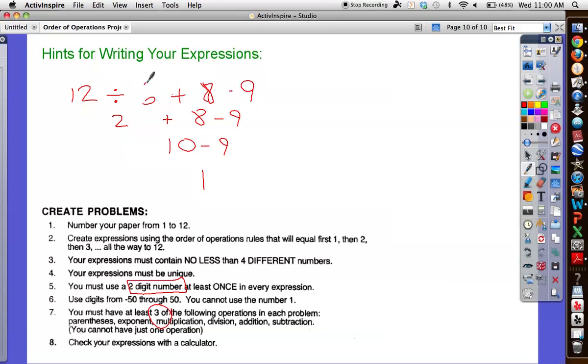If you throw parentheses in, if I do that, I don't need those parentheses. That doesn't count as an operation. So if you're going to use parentheses, make sure they count. So be very careful. A lot of people mess up based on either needing parentheses or using them when they shouldn't. That's it. Please, please let me know if you have any questions.